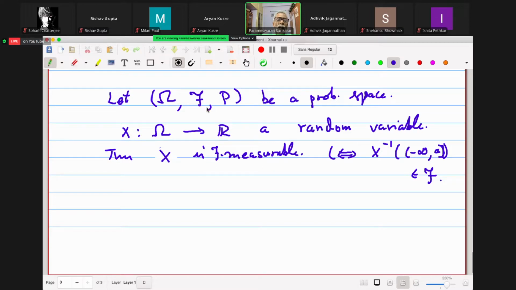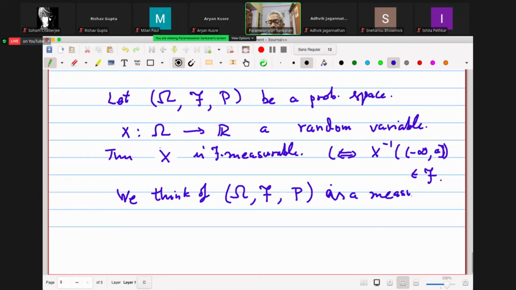So we may think of (Omega, F, P) as a measure space. This is the main thing. What do we mean by that?